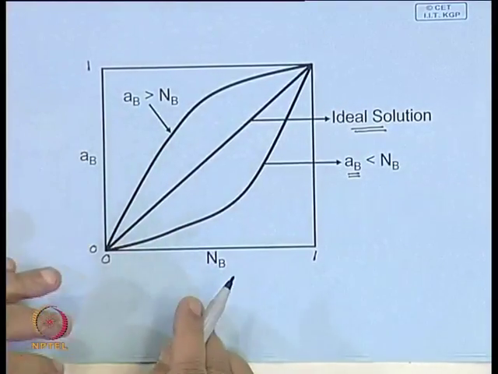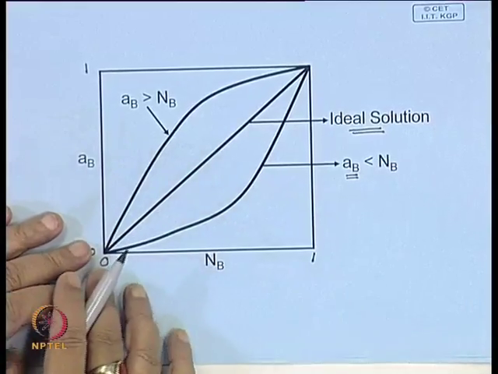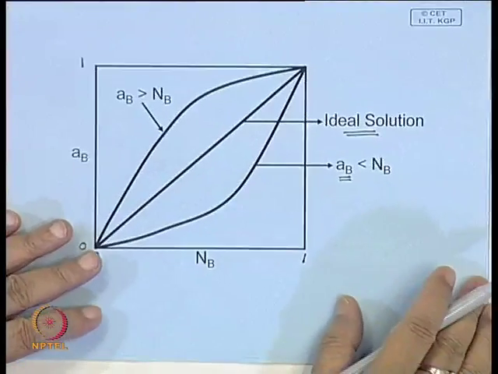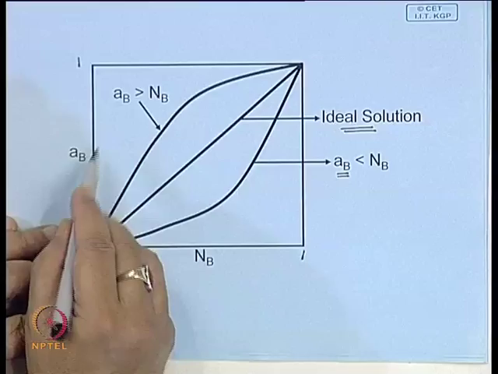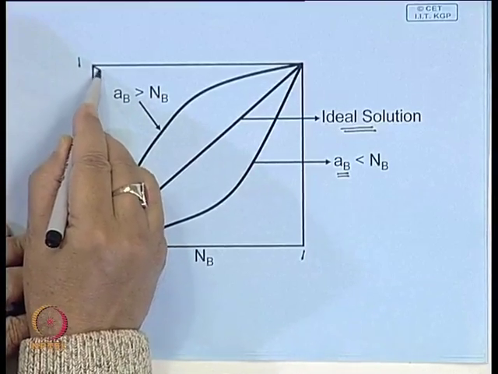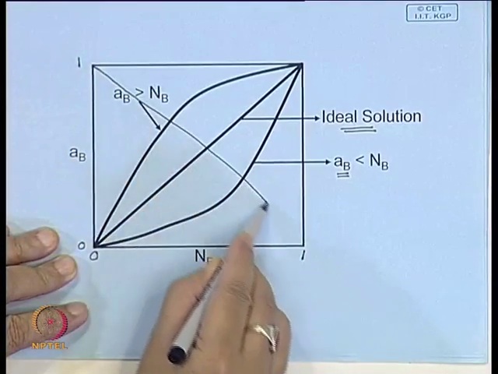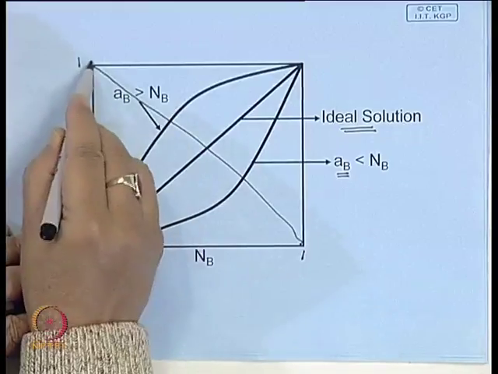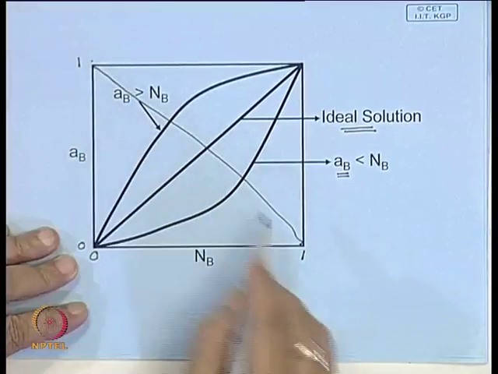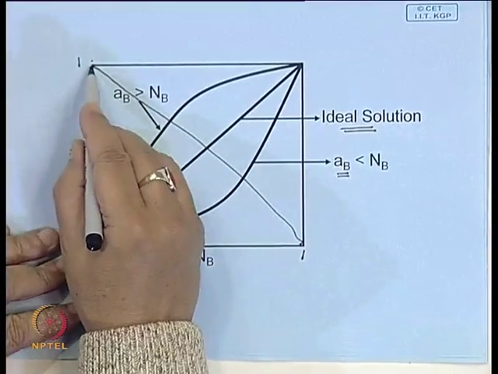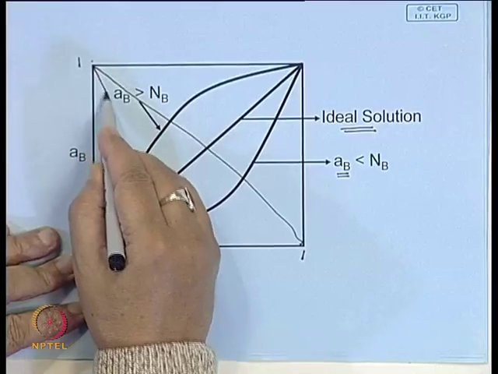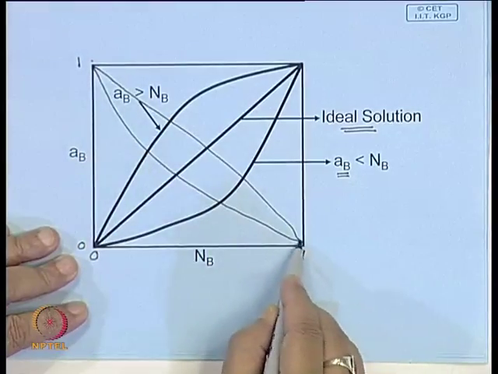In the same way, you can plot over here the activity of A also, and this I will leave to you. So, maybe on this axis, the straight line joining these two points will give the activity of A, and then you will also have negative deviations.